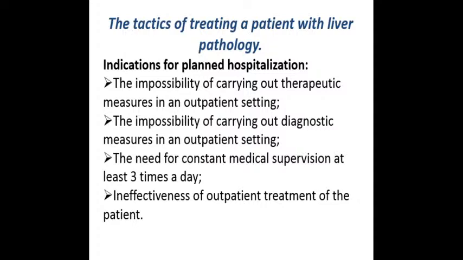The tactics of treating a patient with a liver pathology. Indications for planned hospitalization: the impossibility of carrying out therapeutic measures in the outpatient setting, the impossibility of carrying out diagnostic measures in the outpatient setting.